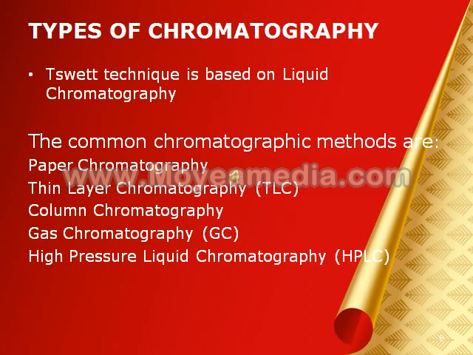Various types of chromatography are paper chromatography, thin layer chromatography, column chromatography, gas chromatography, and high pressure liquid chromatography. The terms paper, thin layer, column, gas, and liquid refer to the stationary phases in all these chromatography.